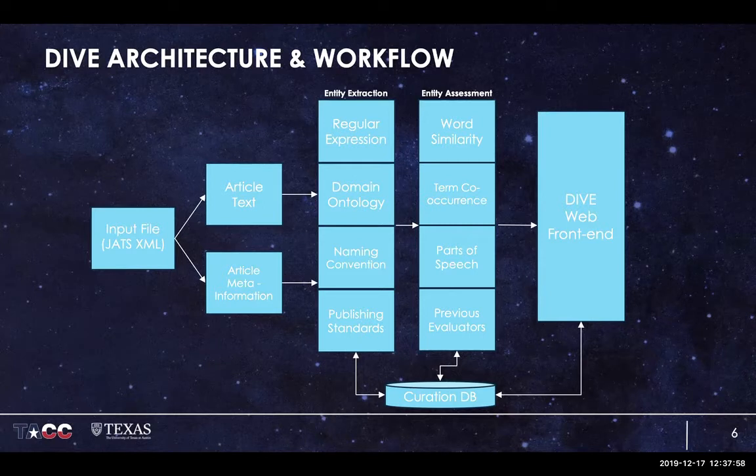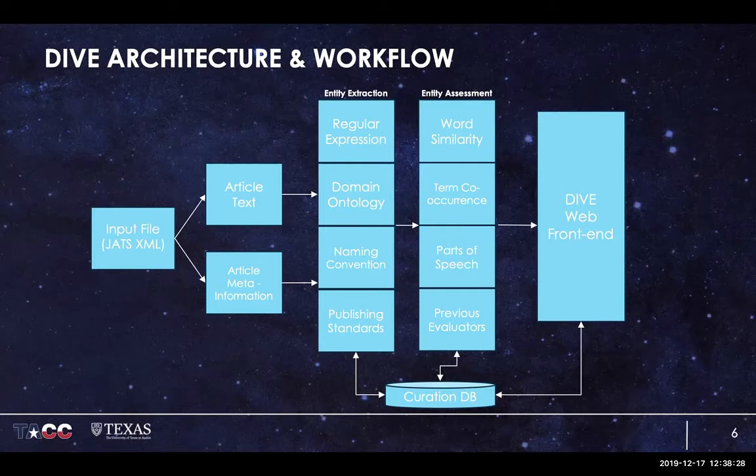And there could be certain naming conventions that are specific to the plant biology community, and also the publishing standards. So there could be print conventions that are specific to the publishers of this article. So we could use all of these various types of rules. And we also then use that to produce a list of entity candidates.